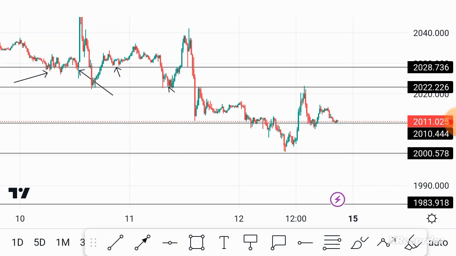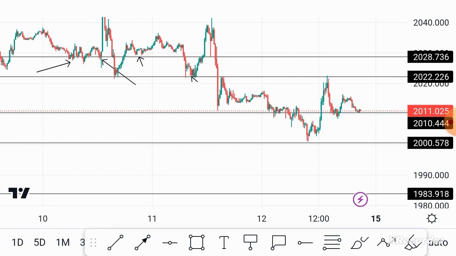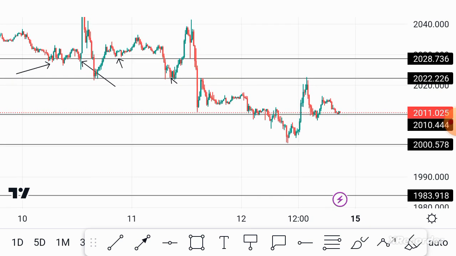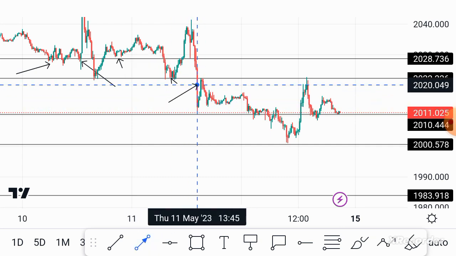Okay, and if you take a look at the second horizontal line, you will notice that price came, broke to the downside, came back, retested, and price gave us a resistance at this very point here, right?